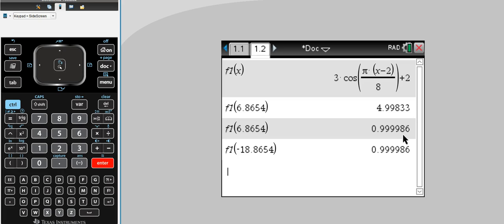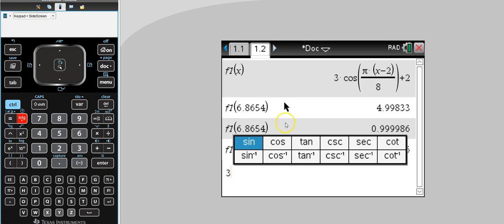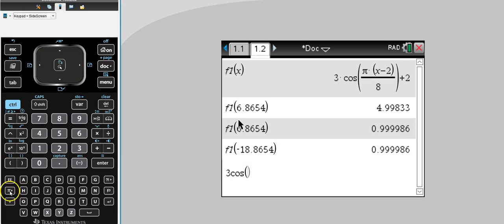And of course, you can always type in your equation. 3 cosine of, this is a little more tedious, pi divided by 8 times x. x is the number I want, so I'm going to type in one of my solutions, 6.8654, minus 2 plus 2.